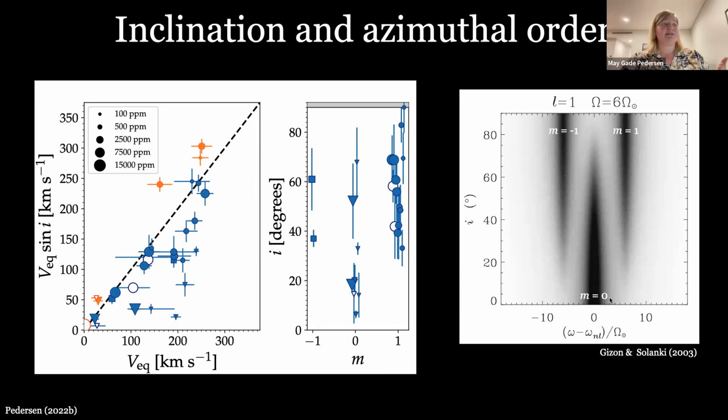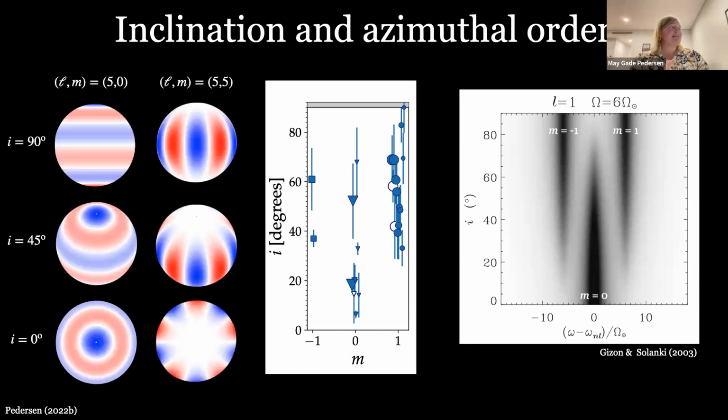So on the right here is a prediction of what we expect to happen with the visibility of the oscillations as we change the inclination angle. The darker the color, the higher the visibility of the oscillation would be. And for higher inclination angles, we expect these prograde and retrograde modes to be more visible than these m=0 modes. So why is this the case?